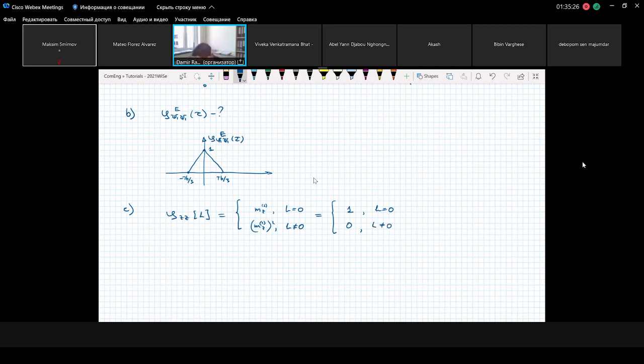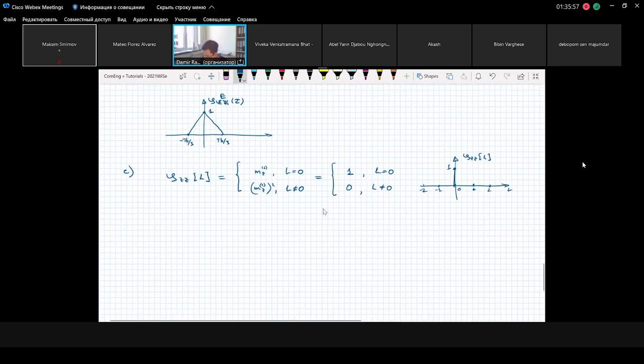And as a result, we get that our discrete autocorrelation function is just a discrete pulse at origin, and for all other delays, the result equals 0. 1, 2, -1, -2. This is delay in samples.